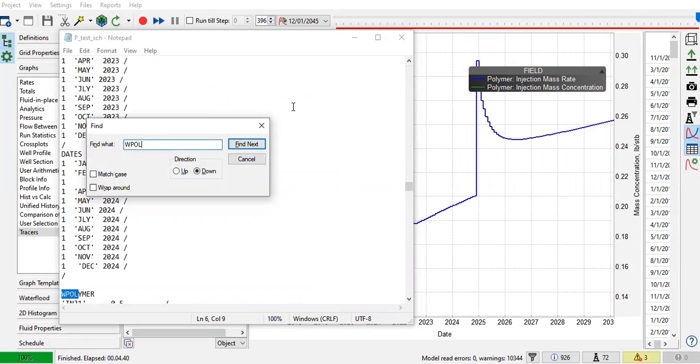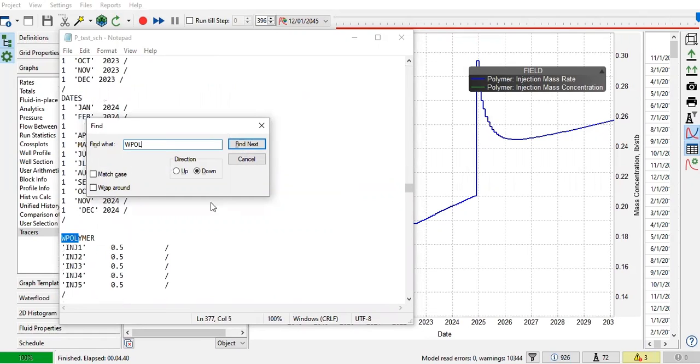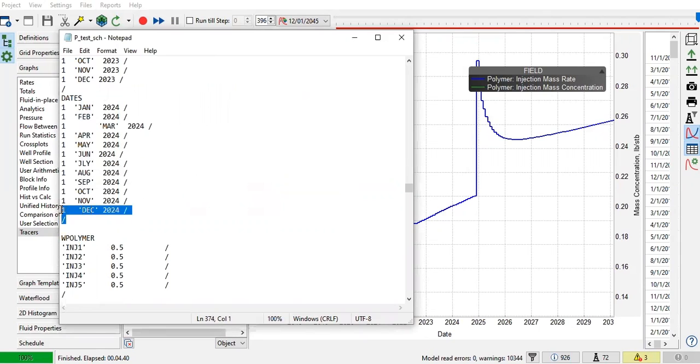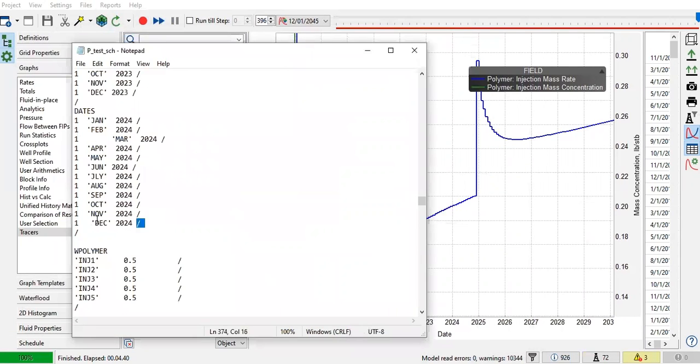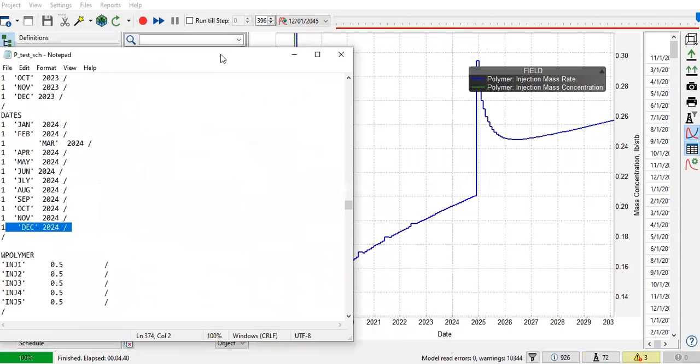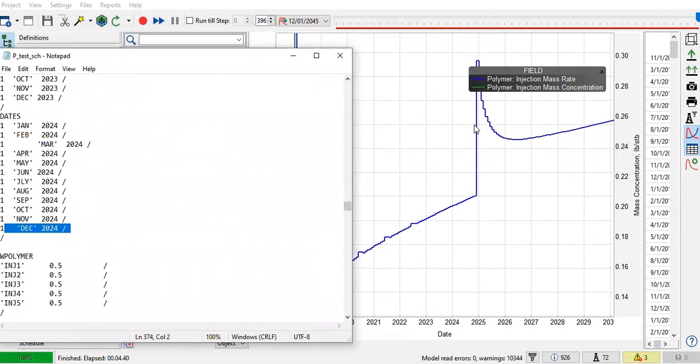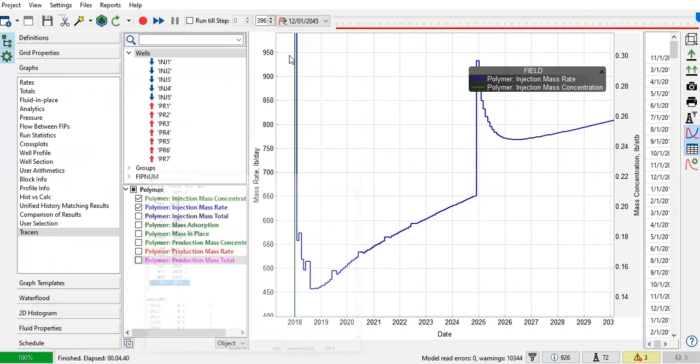January 2018, and then we increase after December 2024. So that's why, yeah, right? December 2024, that's why we increase the injection concentration of the polymer at December 2024.